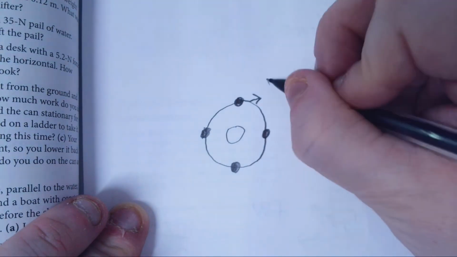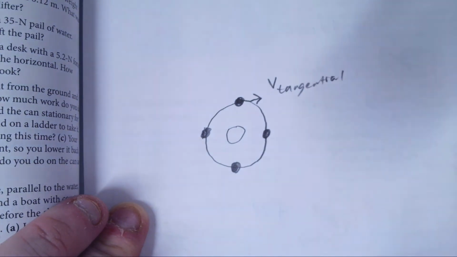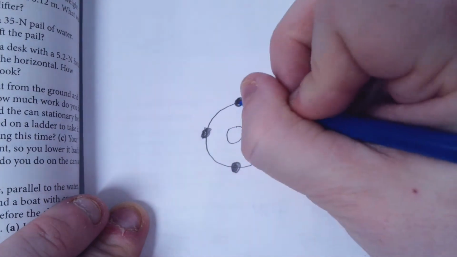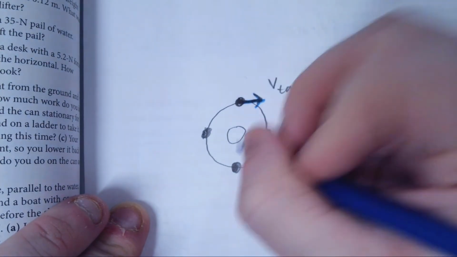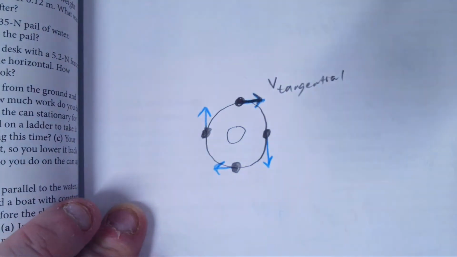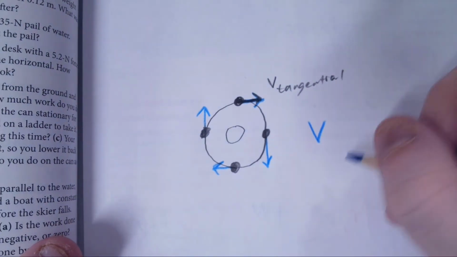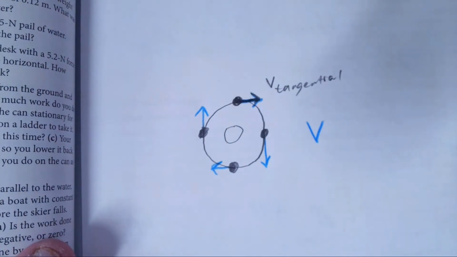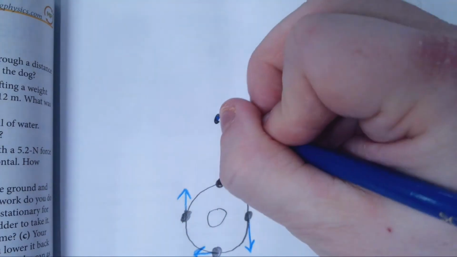We called this velocity a tangential velocity, because it's tangent to the circle. So my velocity is always tangent. At any point, by Newton's first law it's trying to travel in a straight line, but something's causing it to go away from that line. So that's your velocity. And if we look at it at any point, let's look at it up here at this point, it's moving this way.